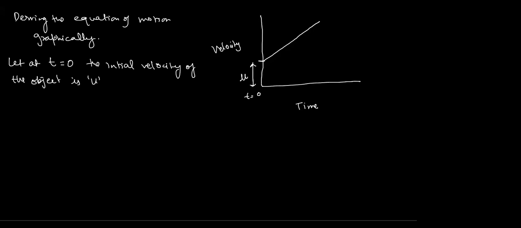And after the time t that I'm taking, this is the time t, I notice that its velocity becomes this. It is the final velocity, and I consider that this one is v, the final velocity. Whatever the reading here, this is the final velocity.